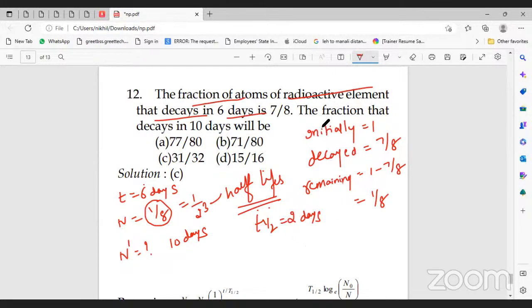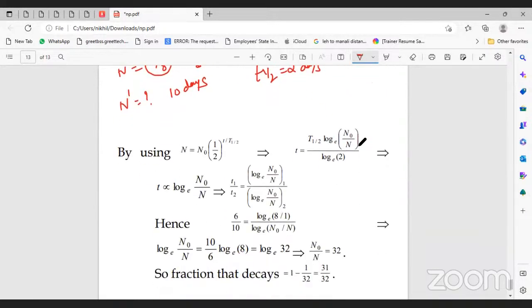Now they are expecting the fraction for 10 days. Look at the fraction for 10 days. So for 10 days, you can see the concept here. N equals N naught into e power minus lambda t. On simplification, you can take it as number of atoms is equal to 1 by 2 power n into N naught, right?